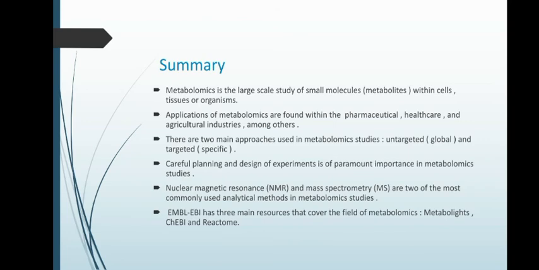Methods to study metabolomics involve careful planning and study design, and two of the most commonly used analytical techniques are nuclear magnetic resonance and mass spectrometry. MetaboLights, ChEBI, and Reactome serve as the three main resources in the field of metabolomics.